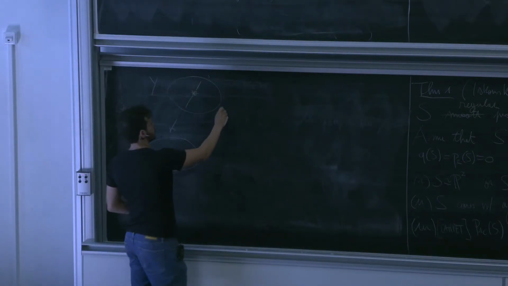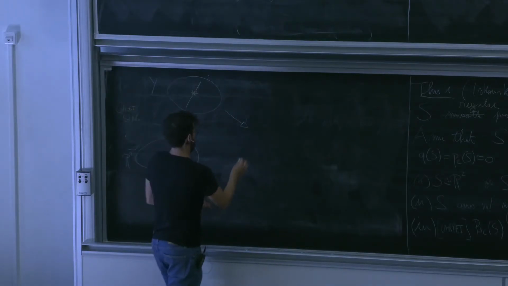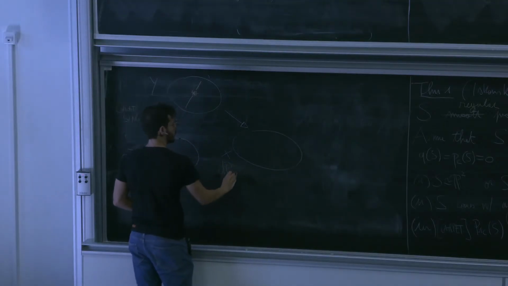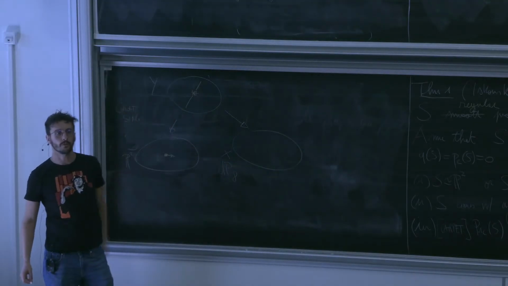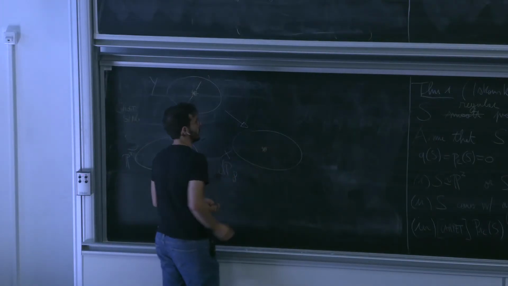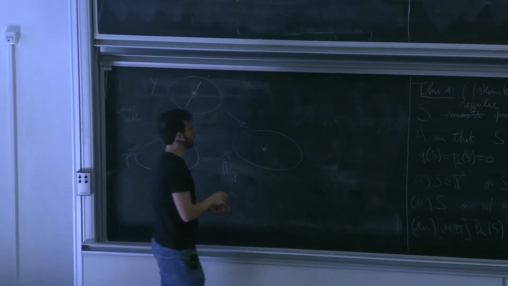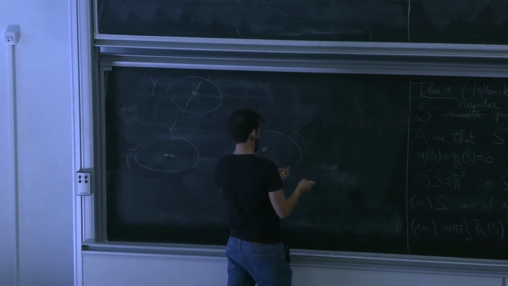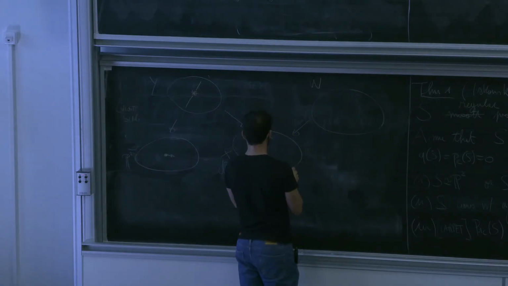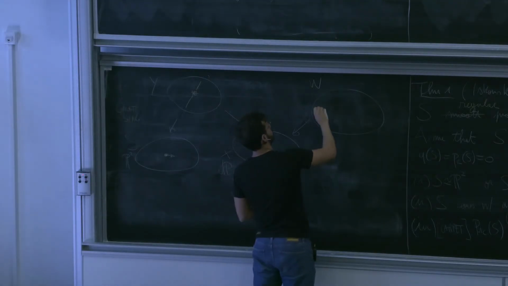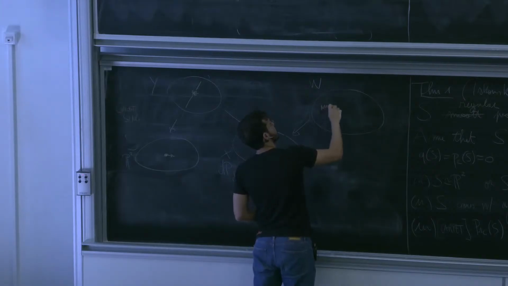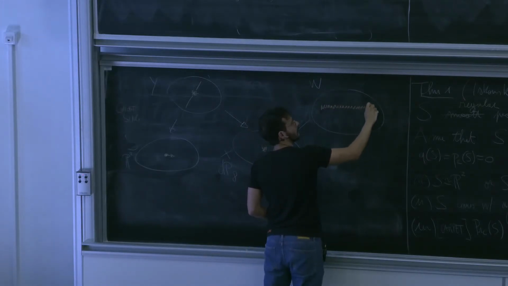Then you get a contraction here, and this is X. This is a del Pezzo of degree 8, right? It's a quadric in P3, right? So here you have your point, and now you blow it up, and this is W, and this produces a line of geometrical singularities.